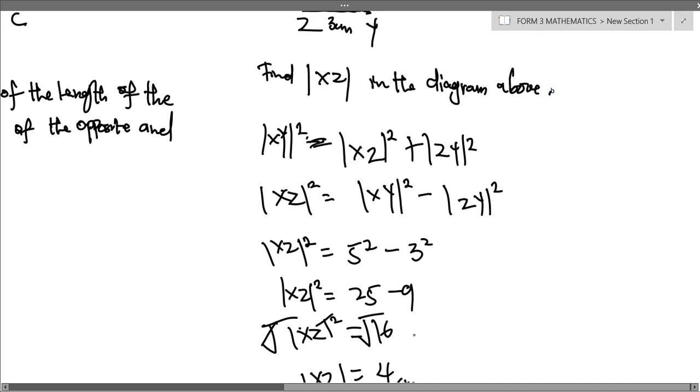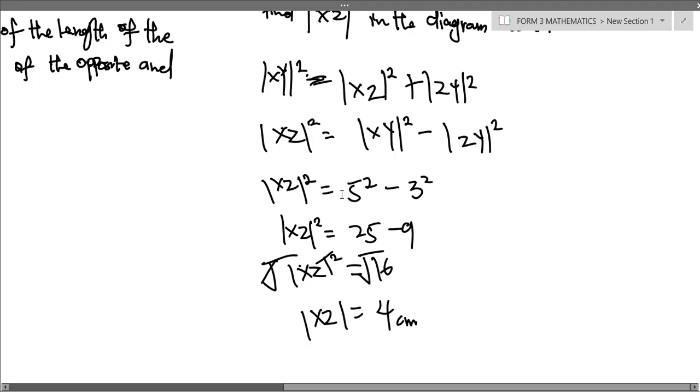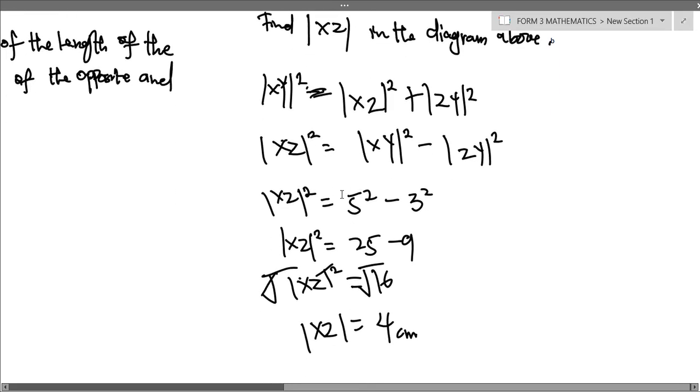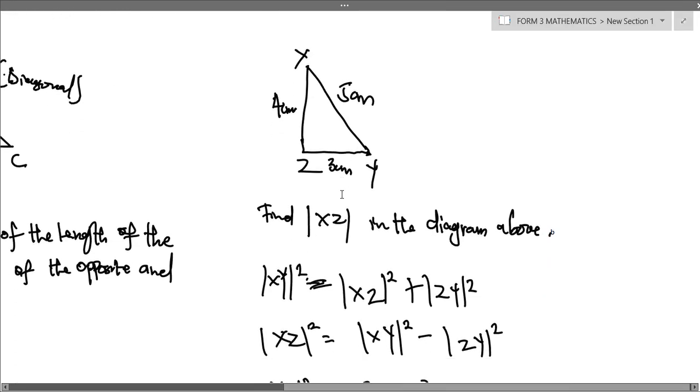So it means we have 4 centimeters here. So that was one example of what we did the other time.